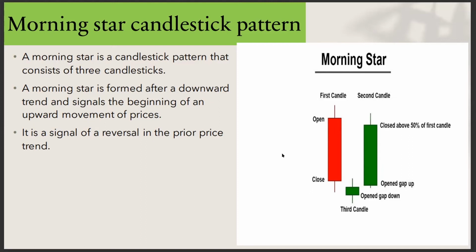This is a very strong reversal pattern, and it indicates an upward movement at a later stage. You should always add that it appears at the downtrend. Yes, sir, this happens at the downtrend.